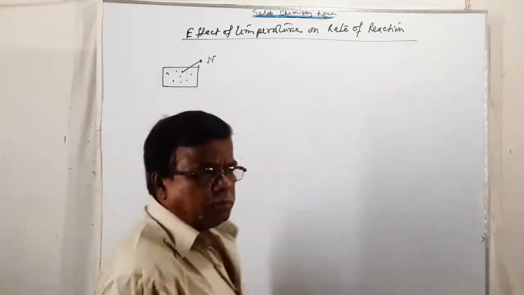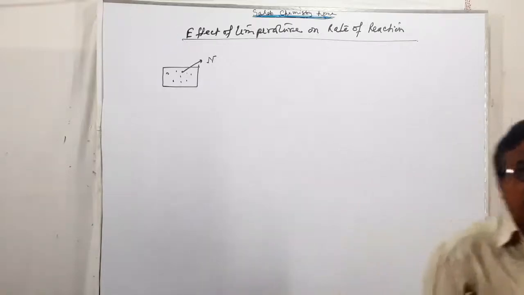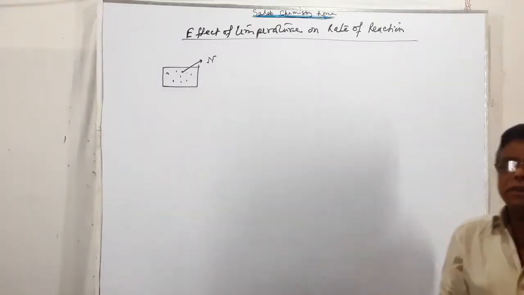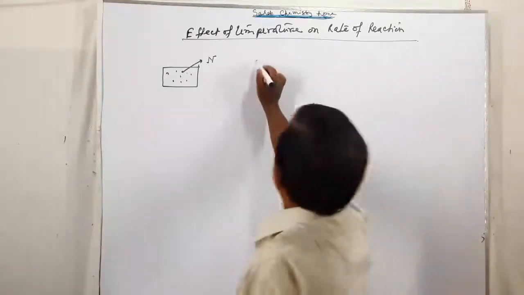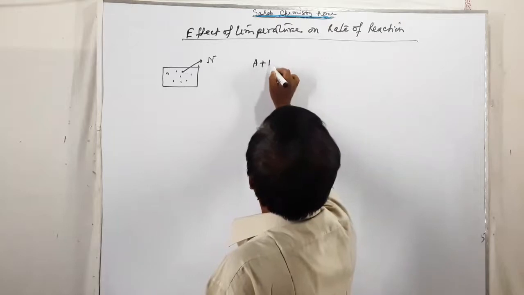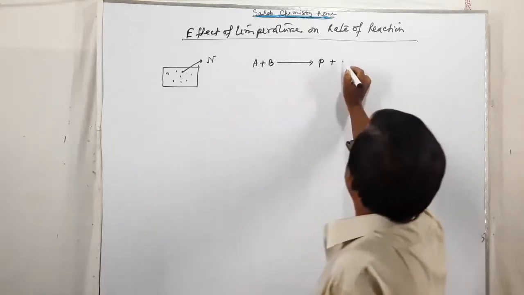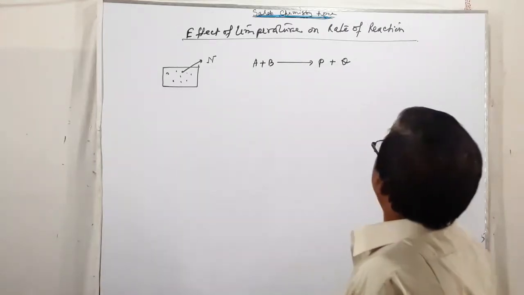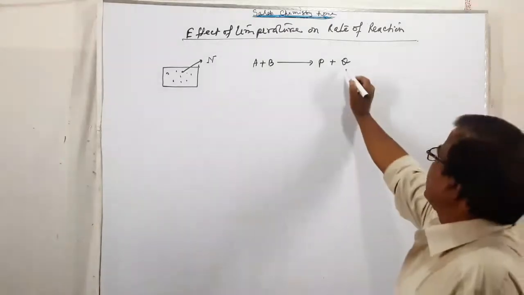And in the case of exothermic and endothermic reactions, the equilibrium constant will be changed. Let us consider a reaction A B giving product P and an amount of heat Q evolved. This is the exothermic reaction.